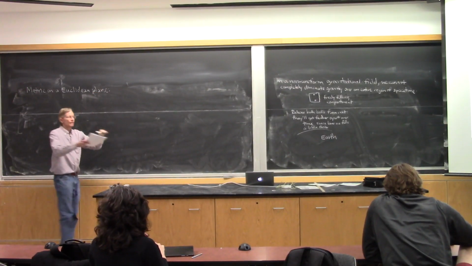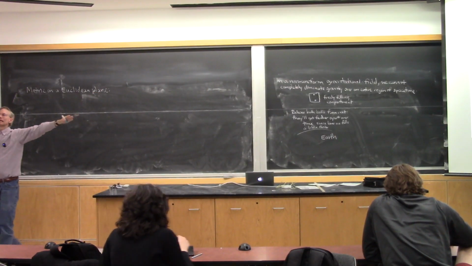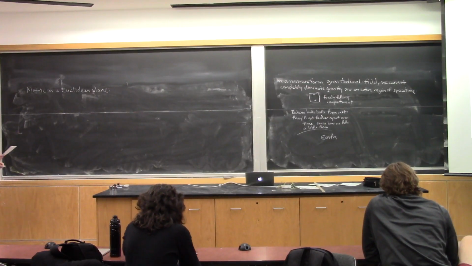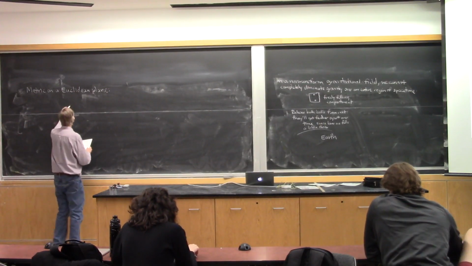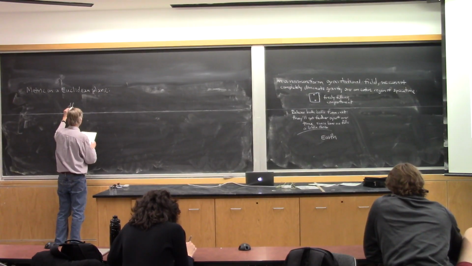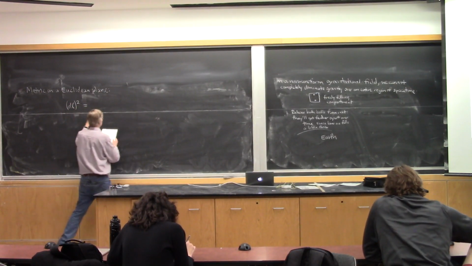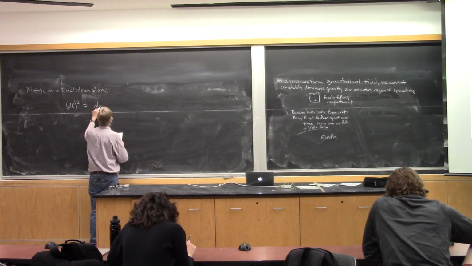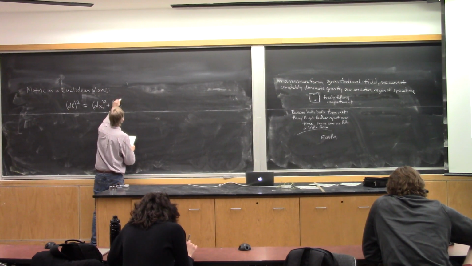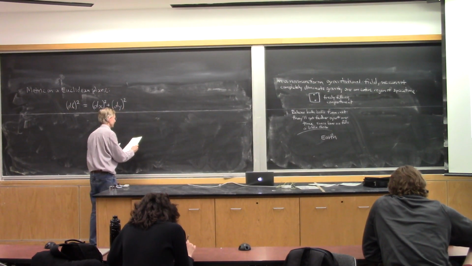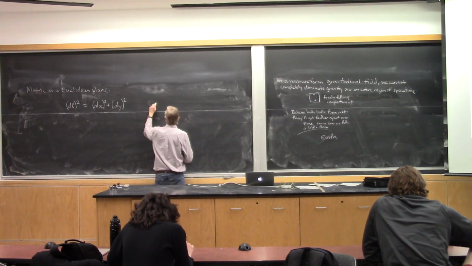Just the classic XY plane, just flat as can be. And that's going to be dl squared is equal to dx squared plus dy squared for Cartesian coordinates.